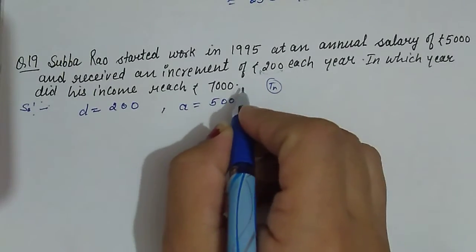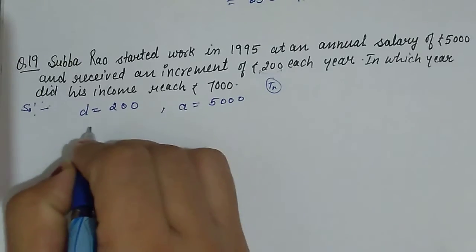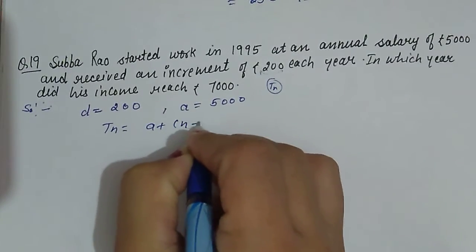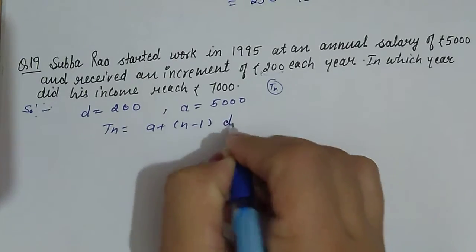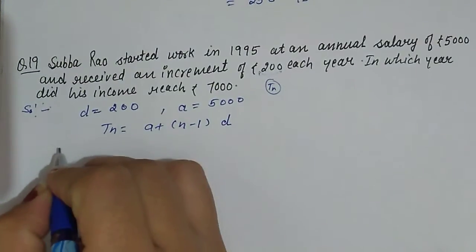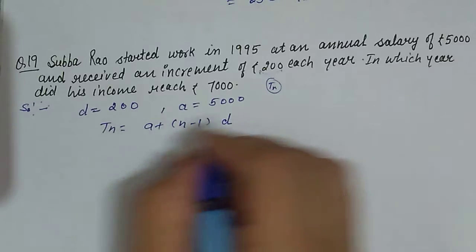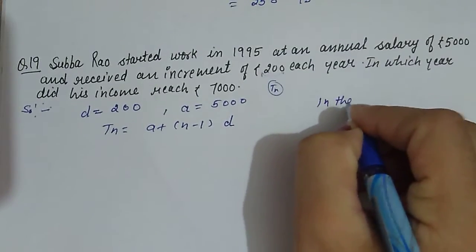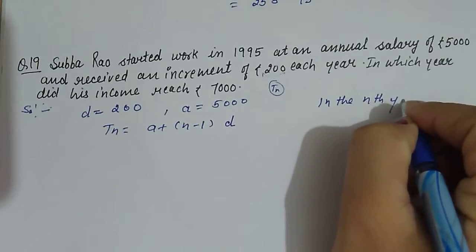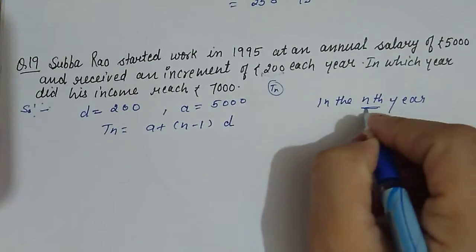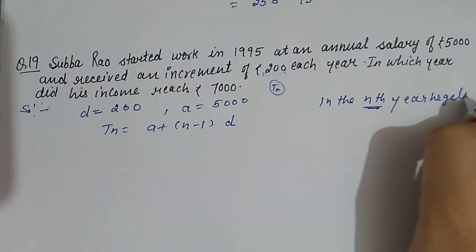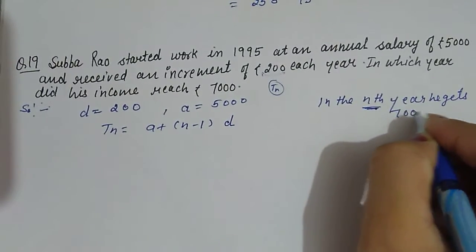So the last term, you can write it, Tn is equal to A plus n minus 1 into D. I am explaining that in the nth year he gets 7,000 rupees.